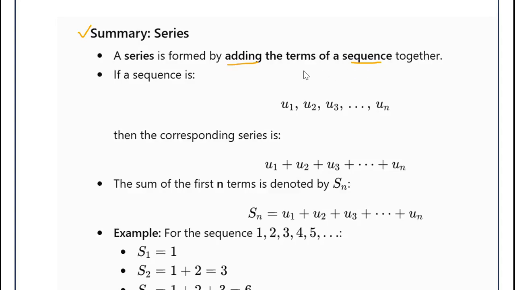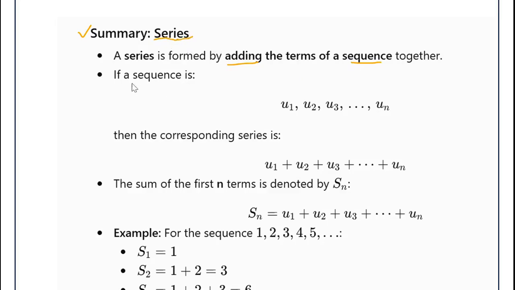But now in this case, the addition of the terms or the addition of the numbers of a sequence forms what we are calling series. That is what a series is.